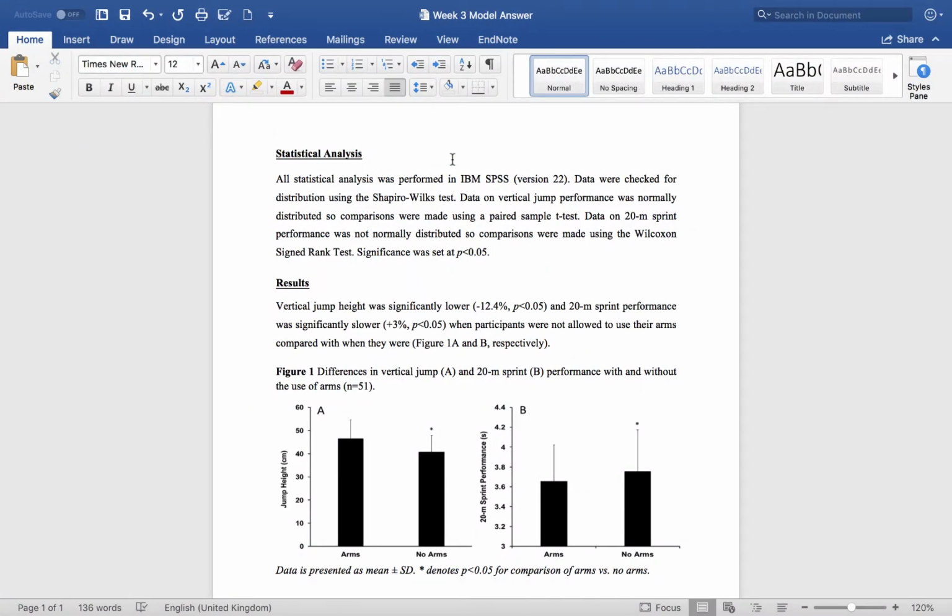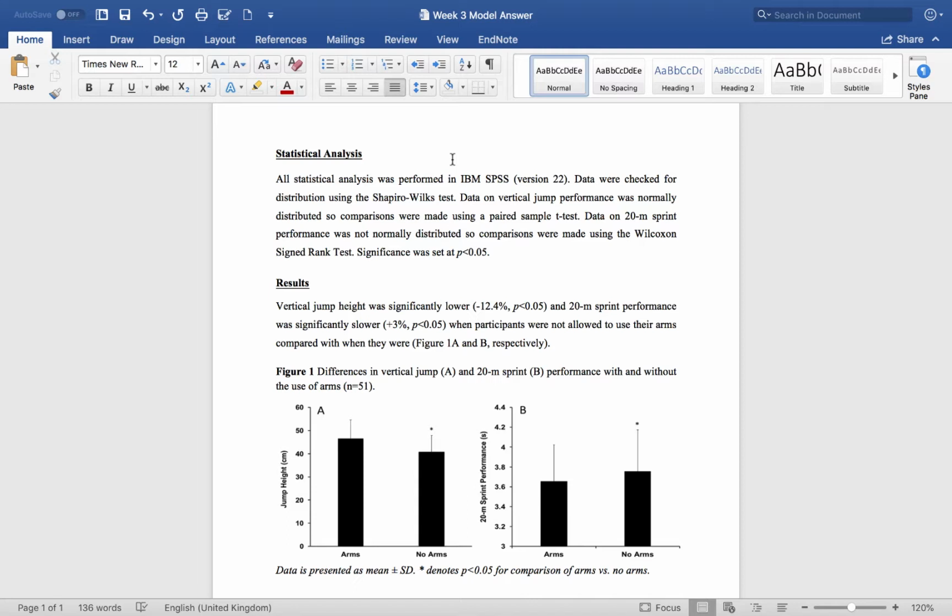Okay, in this video, I'm just going to talk very briefly about how you structure a statistical analysis section and a results section in a scientific lab report. Because that's what the skills that you've been learning in research methods so far, especially quantitative research methods, has all been about.